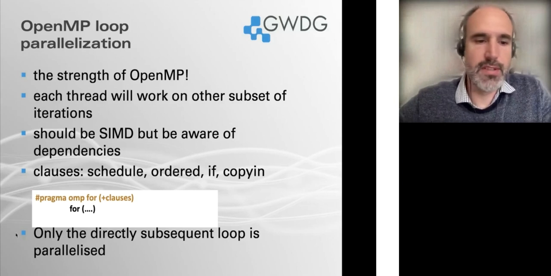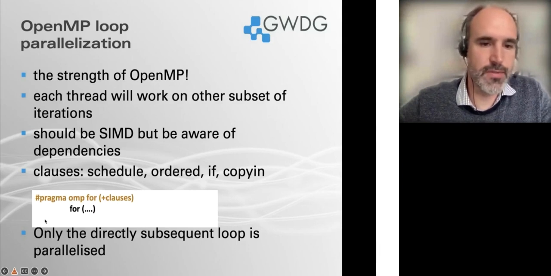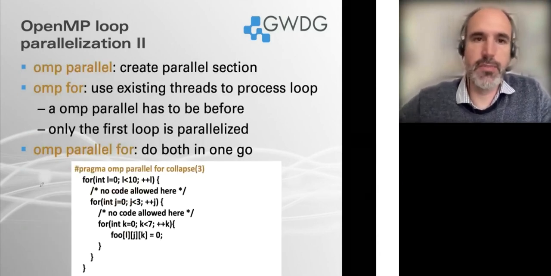So in the white box, you can see again how it's written in the code. You have omp for, then in brackets the possible clauses afterwards. Again, important to note here is that only the directly subsequent loop is parallelized. We will see an example in a second.